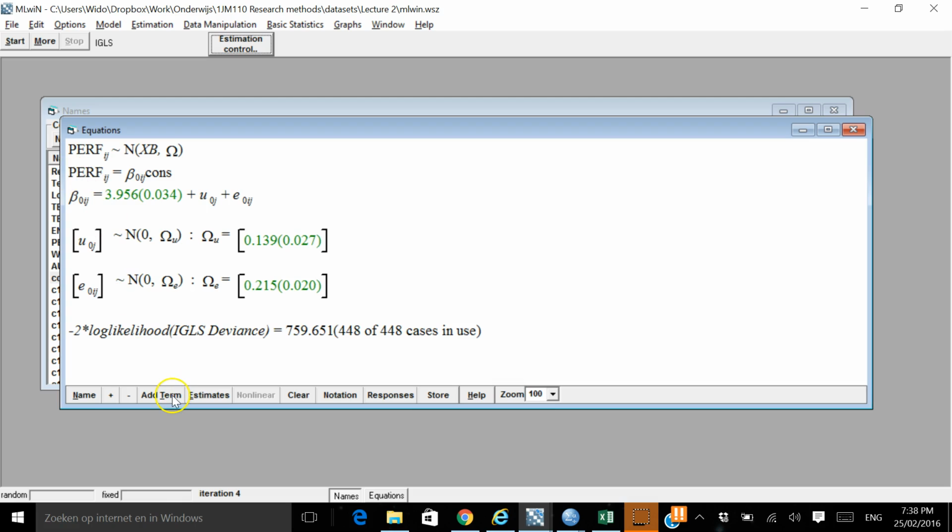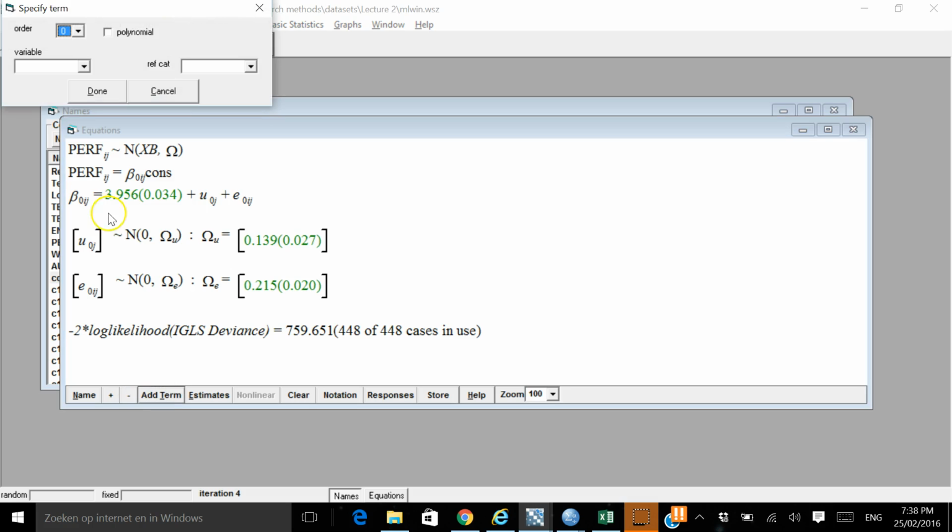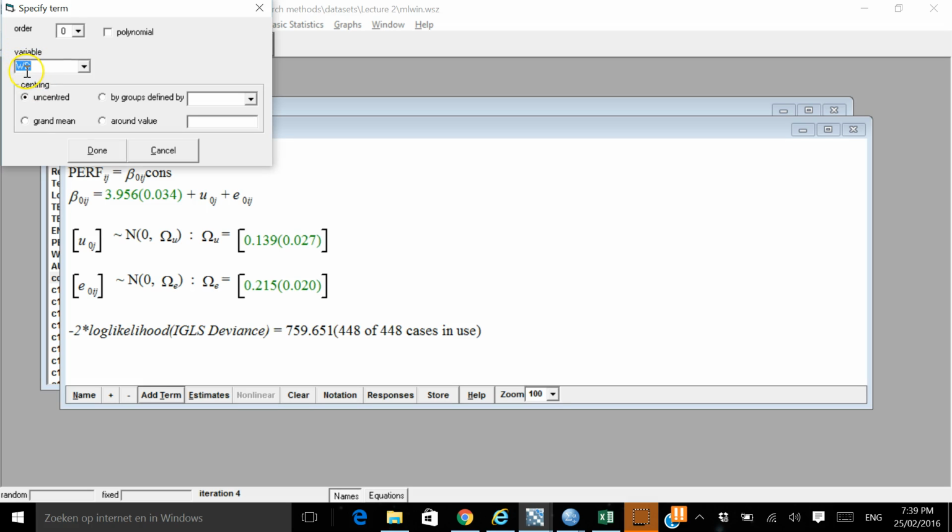So what we are going to do is try to predict the variance on both levels by adding predictor terms. I will first concentrate on individual level predictors. In this case, this is workload or work pressure.